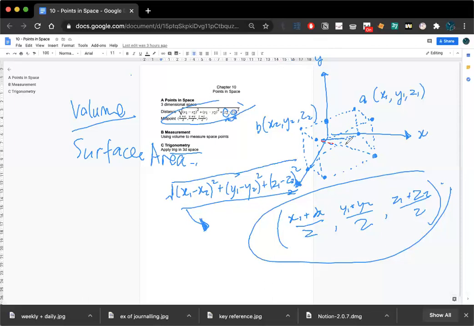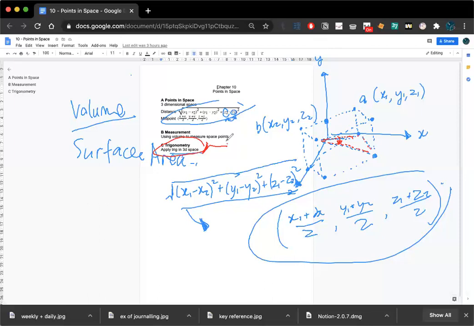So here, there's a triangle, and then you have to find the angle of it, or the angle of this, etc. And that's when you apply trigonometry.